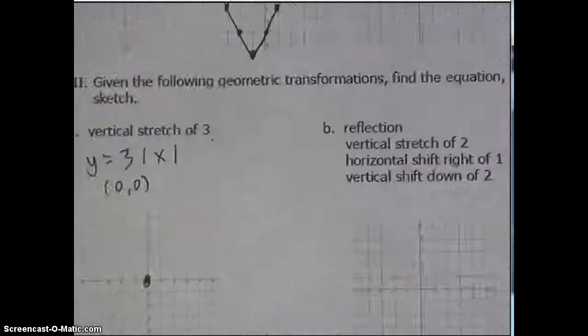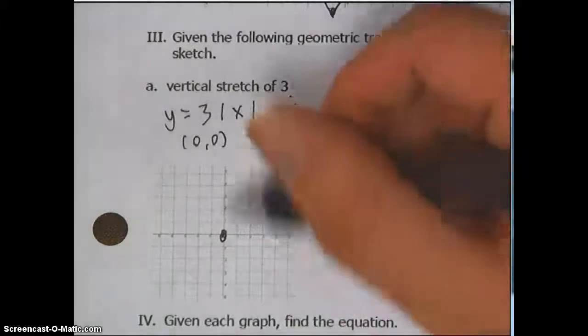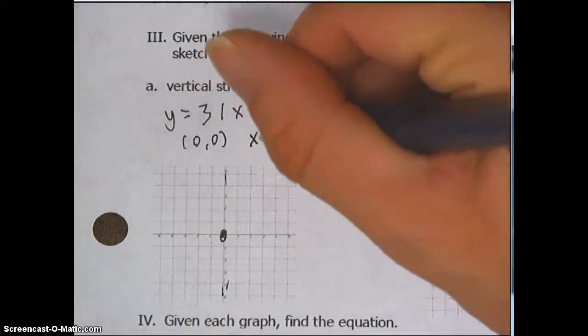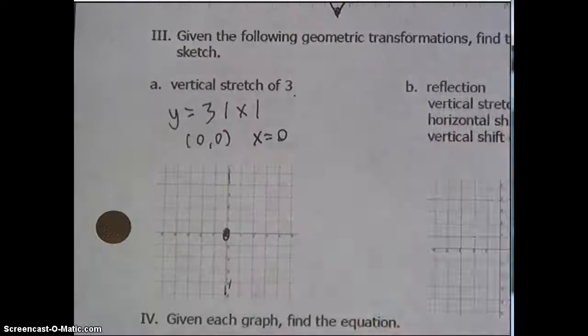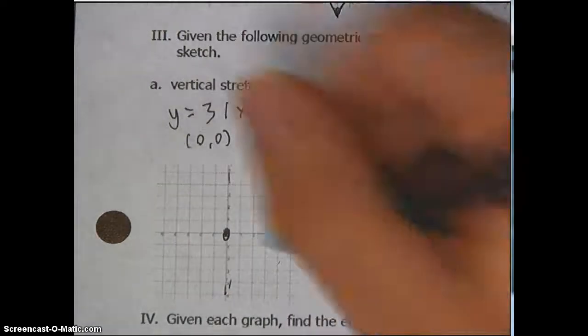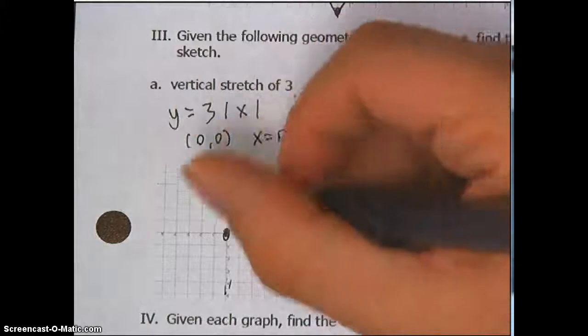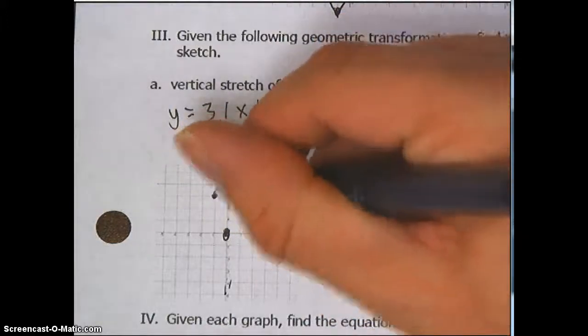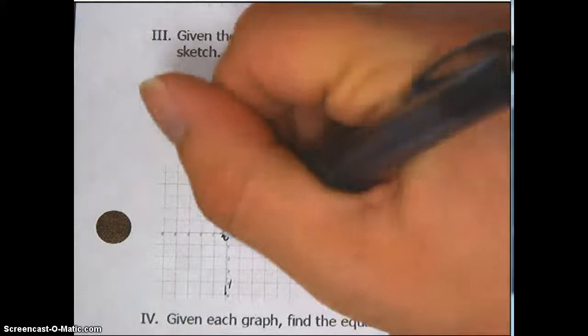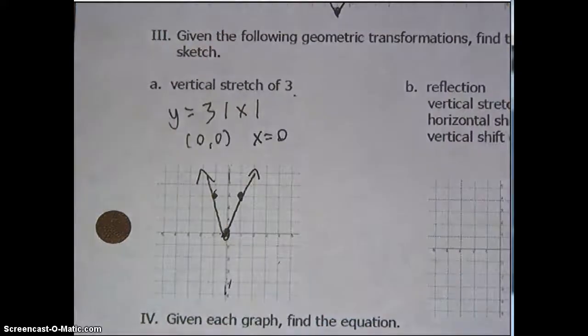And the axis of symmetry is just that line that cuts this thing up and down the middle there. That line is x equals 0. That vertical stretch of 3 now means we're going to go up 1, 2, 3, and over 1 in both directions. So you can kind of see how this absolute value function has been stretched out like that.